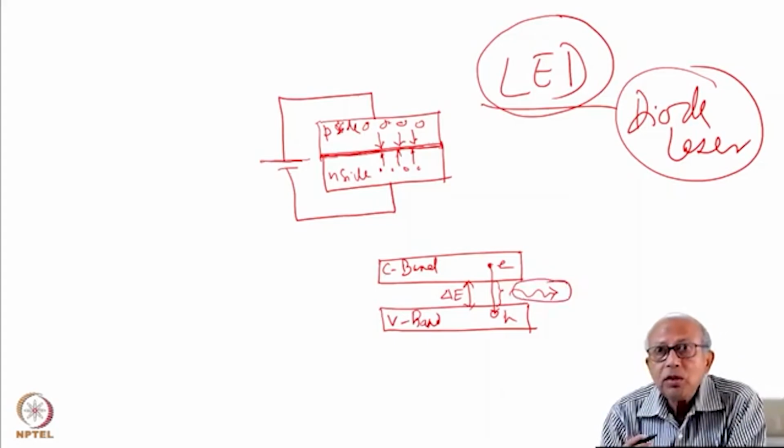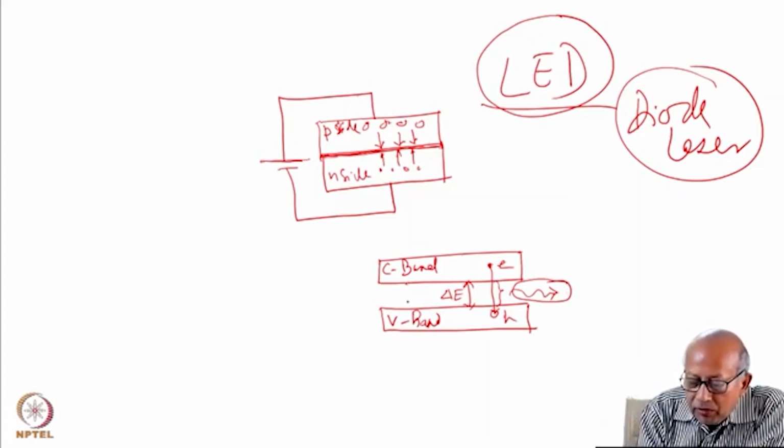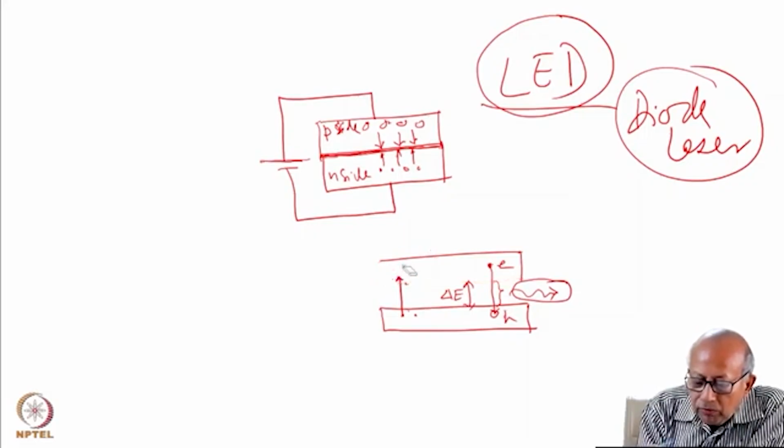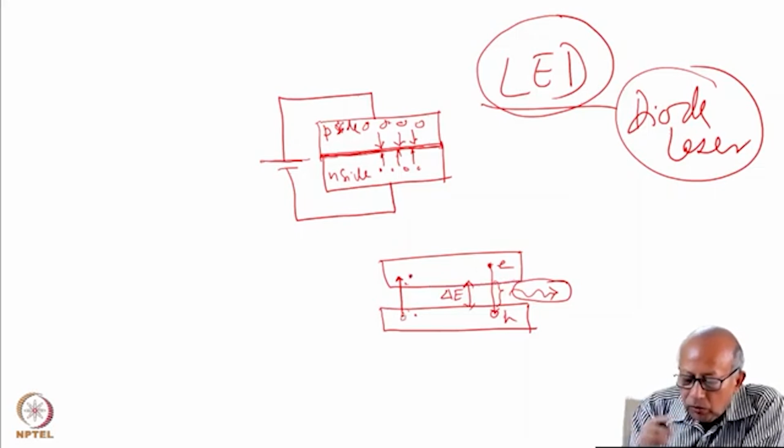And the other process which is operative is this photon, whose energy exactly matches the band gap energy, and therefore an electron present in this valence band can absorb this photon and readily climb up to the conduction band. So the electron comes here and it creates a hole.